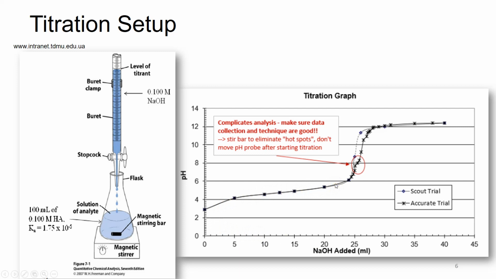And then we start to add sodium hydroxide drop by drop slowly, and we will get a more accurate endpoint or equivalence point over here. And then we can look up the volume of sodium hydroxide added into the solution. So again, this is the equivalence point of the accurate trial.